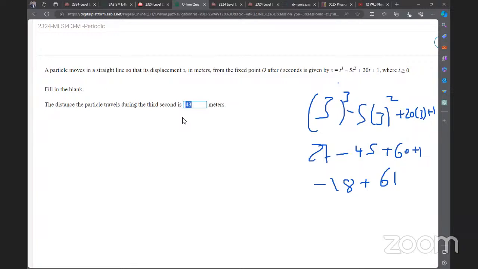The question is talking about the distance. Okay, so 3. No, I don't think it's differentiation. Wait, I will check something. Just give me 1 minute.